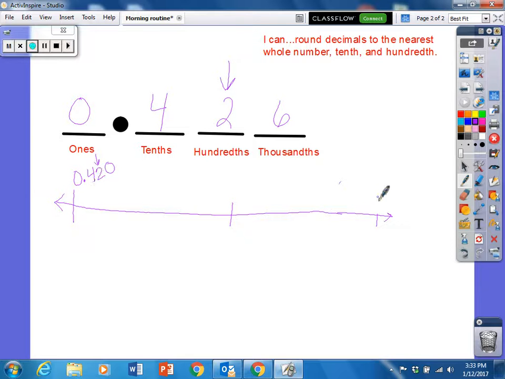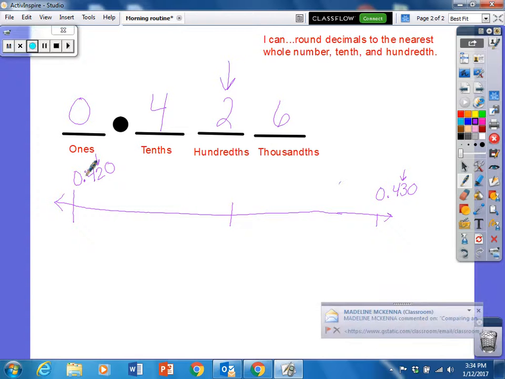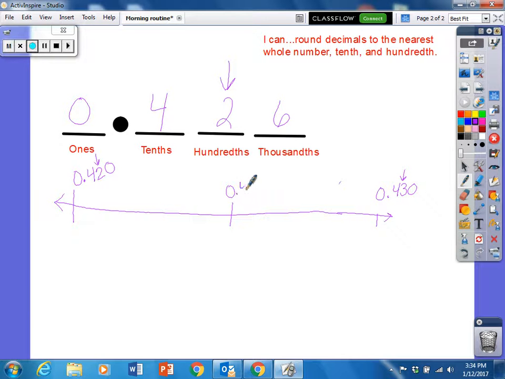What would be my next hundredth? So if 2 is here, over here it needs to be a 3. So 0 and 430 thousandths would be next. So my 2 went up to a 3, but as you can see, my tenths place stayed the same because I'm not changing it. So then we need to look at our midpoint. What would be halfway between 420 thousandths and 430 thousandths? Yep, 425 thousandths.